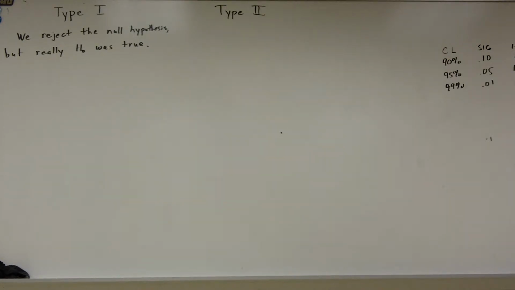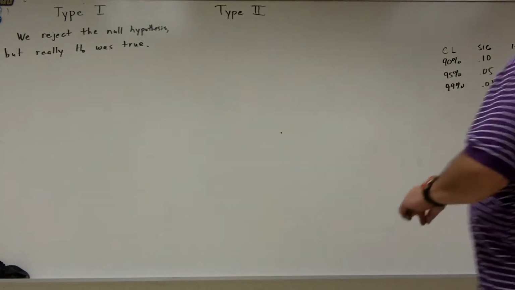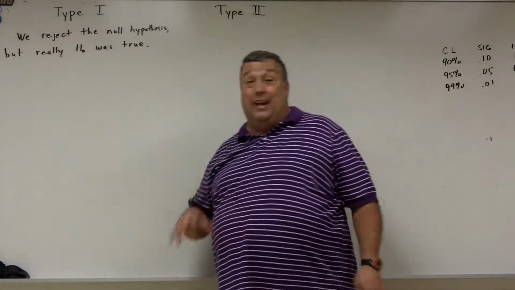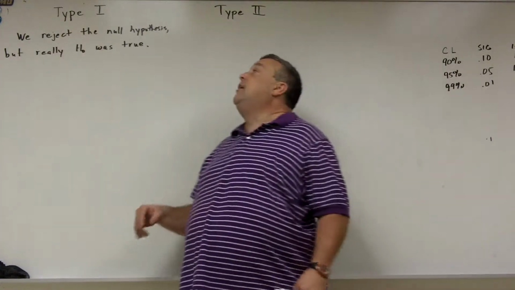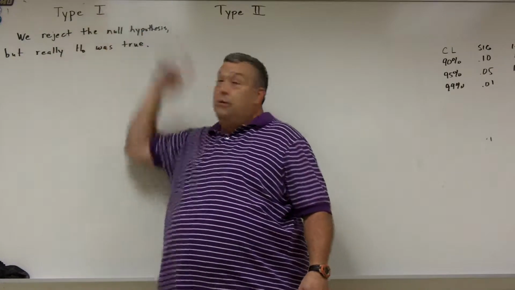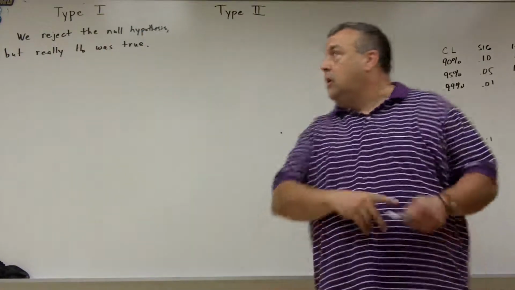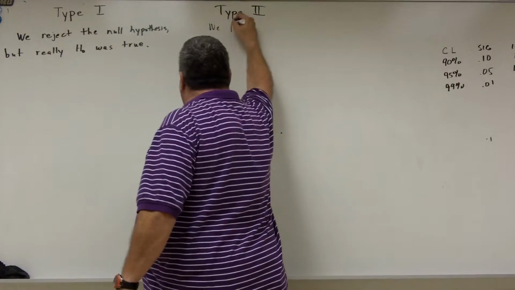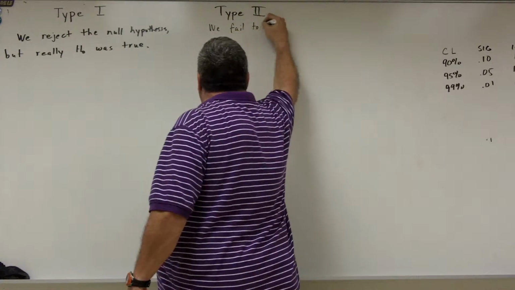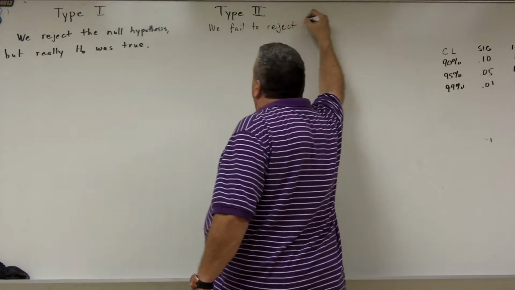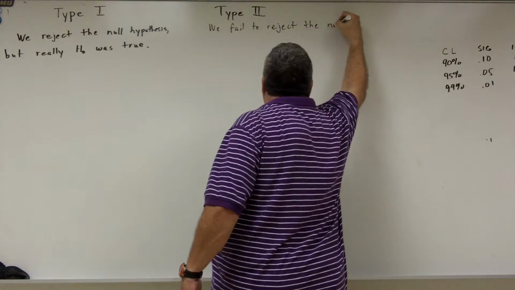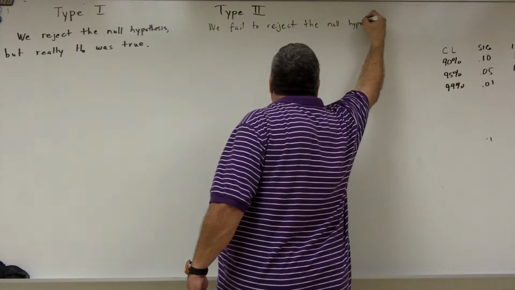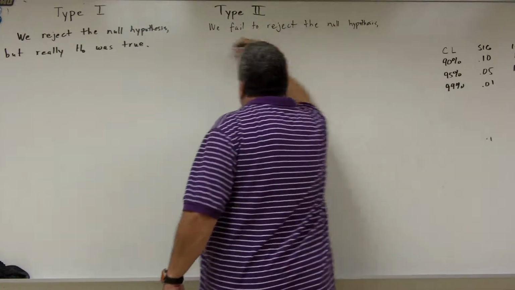Okay, so a lot of times I like to ask the question after you do a test, what type of error was made? If you reject the null hypothesis, the type you could have made was a type 1 error. Okay, type 2 error is when we fail to reject the null hypothesis, but it was false.